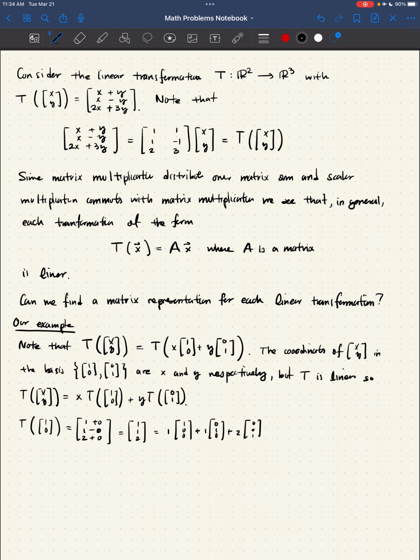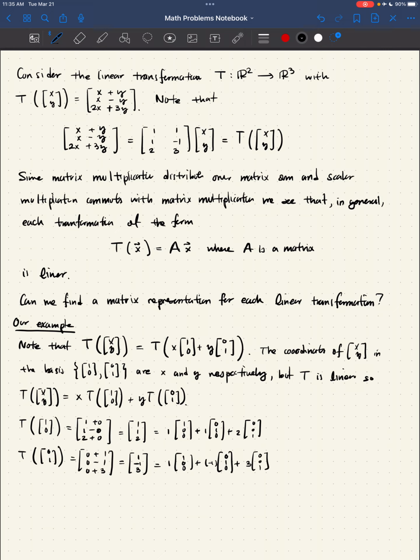Now for the second basis vector, let's see how T behaves. This should be 0 plus 1, 0 minus 1, and 0 plus 3, which of course we can rewrite as 1, negative 1, 3, which we can decompose as 1 times 1, 0, 0, plus negative 1 times 0, 1, 0, plus 3 times 0, 0, 1.